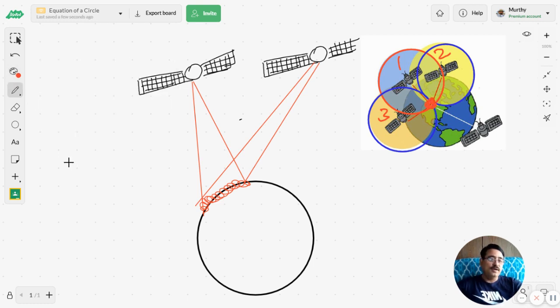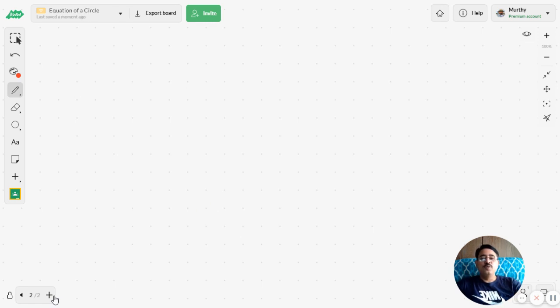This point is your car. So the bottom line is, you may get a doubt: why should I learn about circles? This is one of the real life scenarios. In today's class I'm going to discuss the equation of a circle.